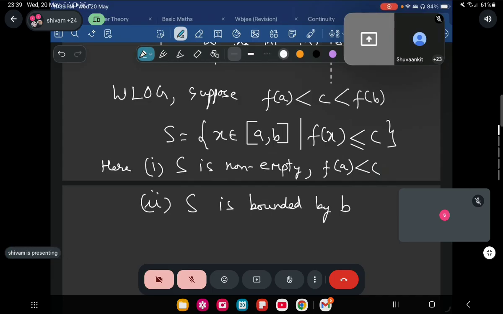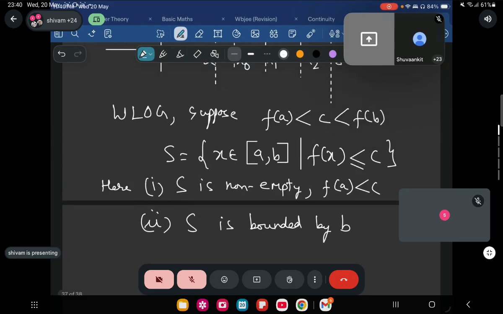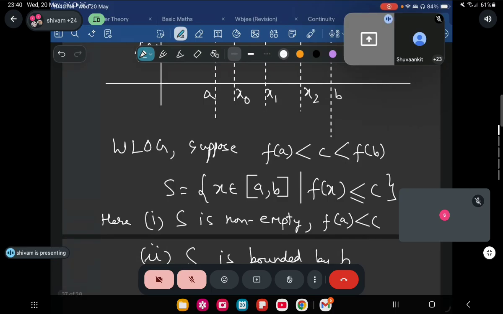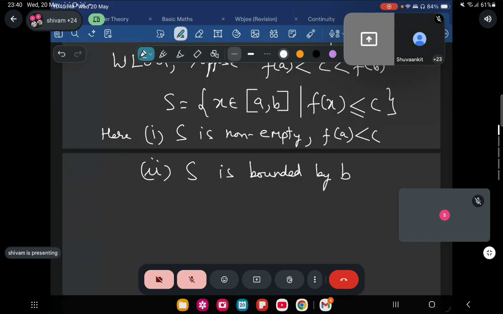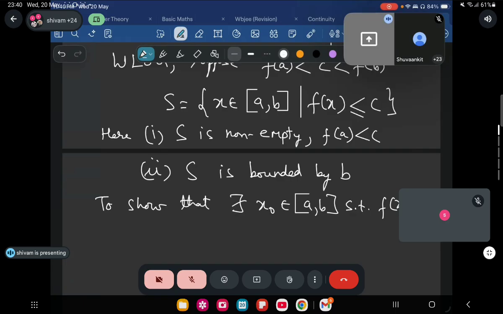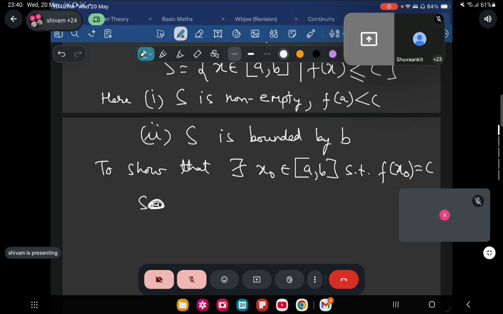Now I want to show that there exists at least one x naught belonging to (a, b) such that f of x naught is equal to c.